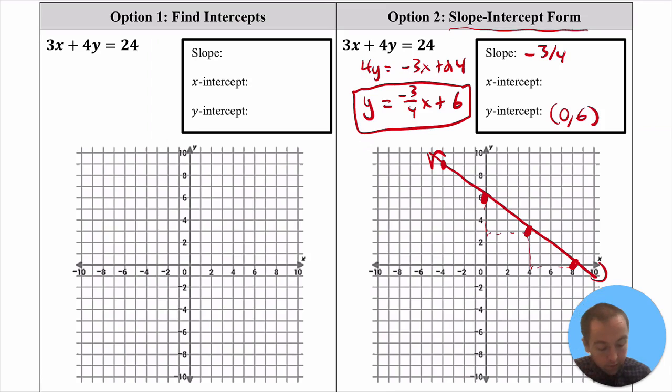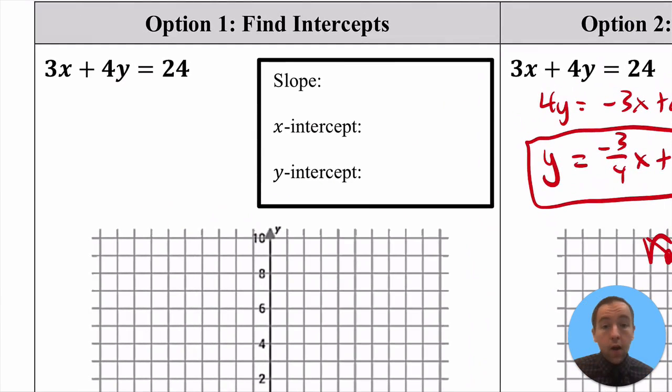And then if you want to find the x-intercept, it does turn out it had a nice integer coordinate right there of (0, 8). Now, alternatively, one nice thing about standard form is that it's really nice to be able to find your intercepts. So right here, if we don't actually solve it for y, we will be able to find the intercepts because we know that for any x-intercept, its y-coordinate is 0.